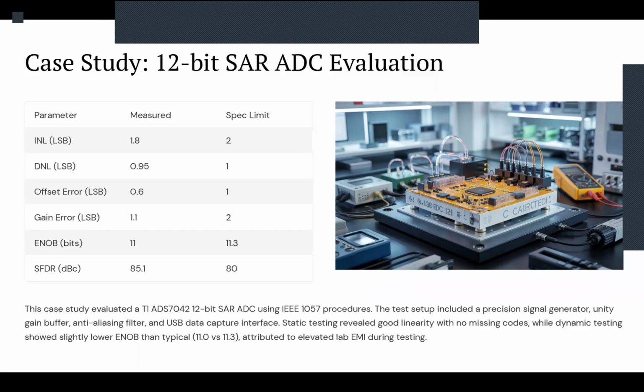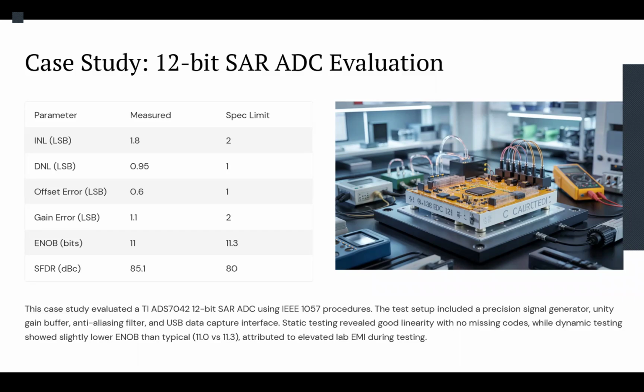So it means that the ADC faithfully reproduces the analog voltage as digital values. It does not skip any codes. It has a clean linear transfer function and is well behaved. So this is what we've done and what it means in this case study for static testing.